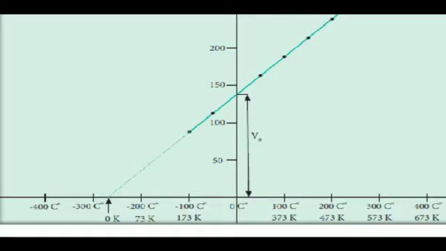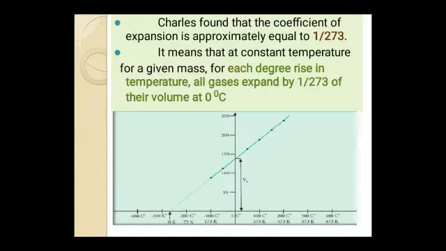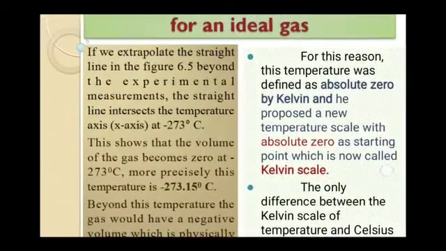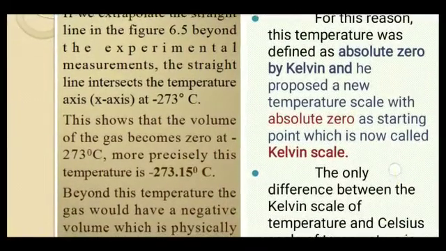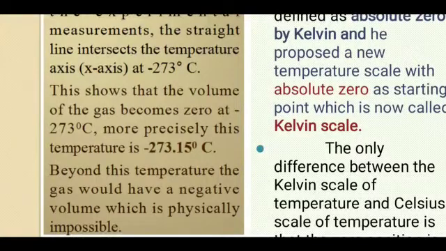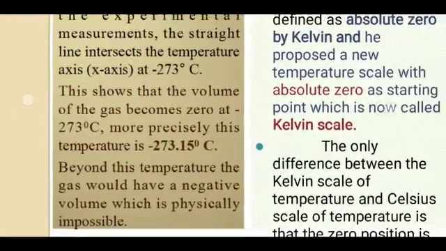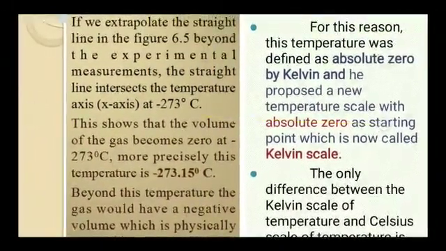This shows that the volume of the gas becomes 0 at minus 273 degree Celsius. More precisely, this temperature is minus 273.15 degree Celsius. Beyond this temperature, the gas would have a negative volume, which is physically impossible.